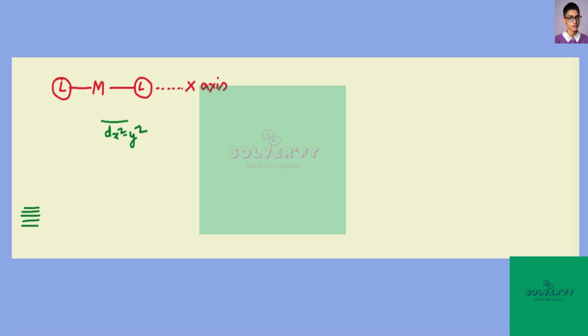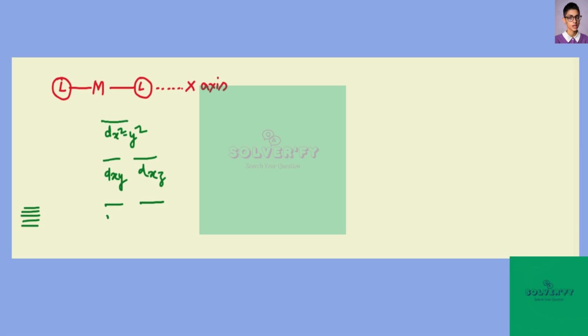And after that, the energy of these will be higher: these two, one is dxy and the second one is dxz. And the lowest energy will be two orbitals.